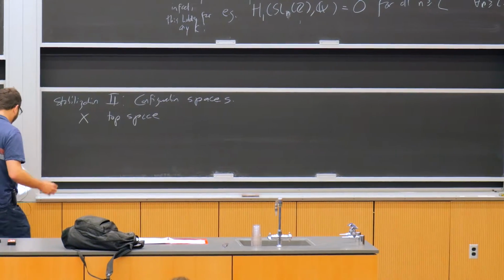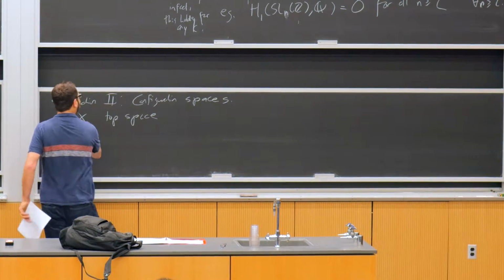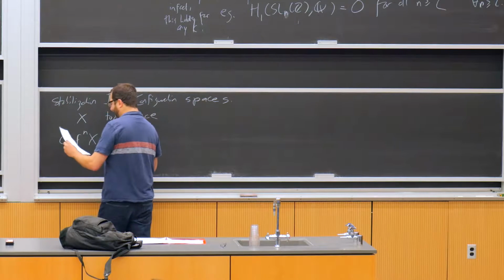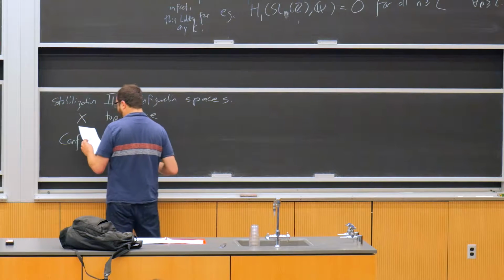So the configuration space, Conf_n(X), is the following. I would call this a moduli space.